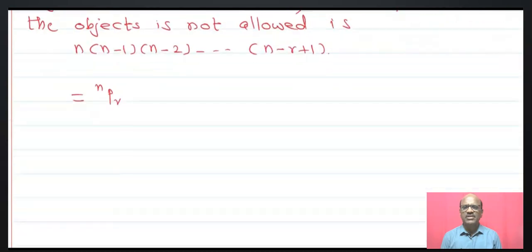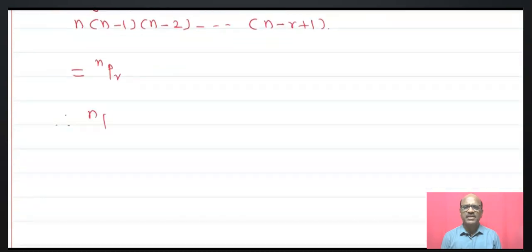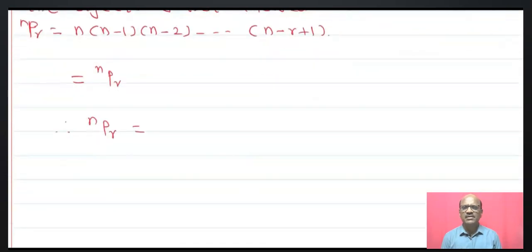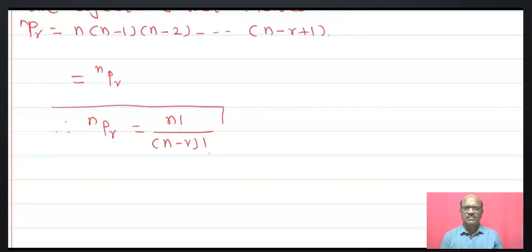This can be written as nPr, and its formula is very simple: n factorial upon n minus r factorial.